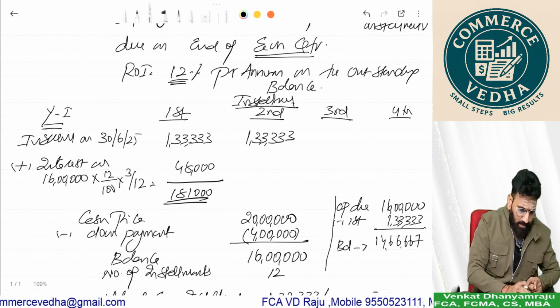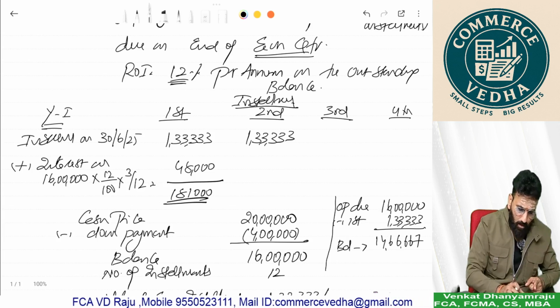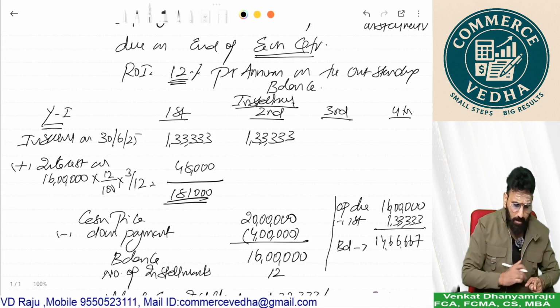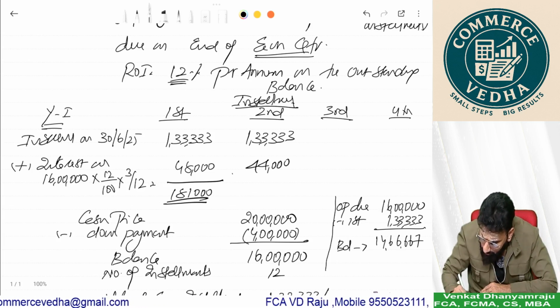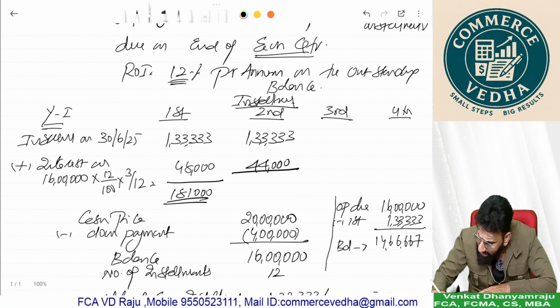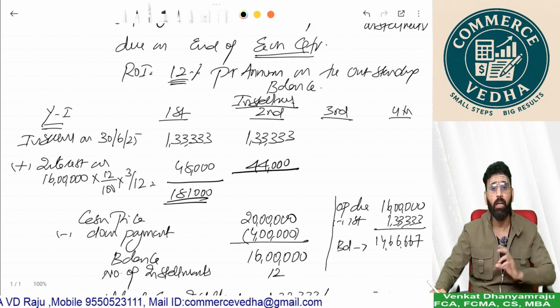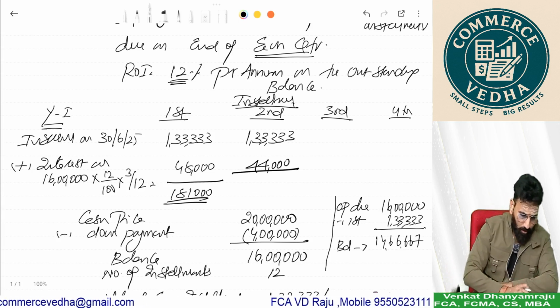On that second installment, I have to pay 12% for 3 months. The interest is 44,000. How I did? 14 lakhs 66,667 into 12% for 3 months. So 44,000.